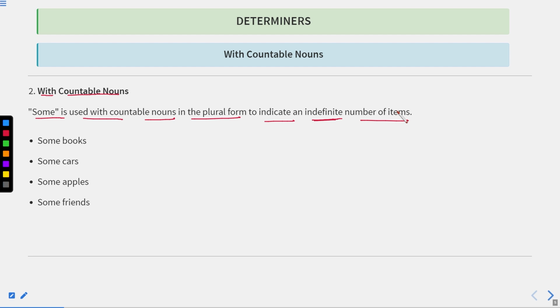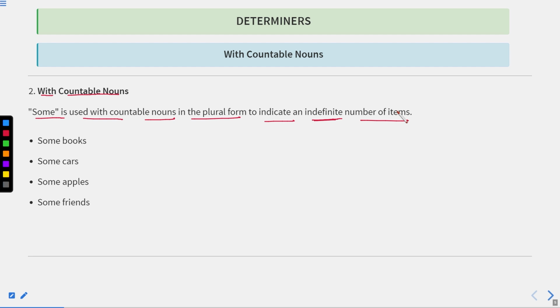If I say 5 toffees, of course I can count them 1, 2, 3, 4 and 5. But if I say a few toffees, or some toffees, can you count them? No, not at all, because you don't know the exact number of those toffees. Obviously, toffees are countable, you can count them, but you cannot tell me the exact number because I'm only saying some toffees. Can you tell me the exact number of toffees now? No, not at all.